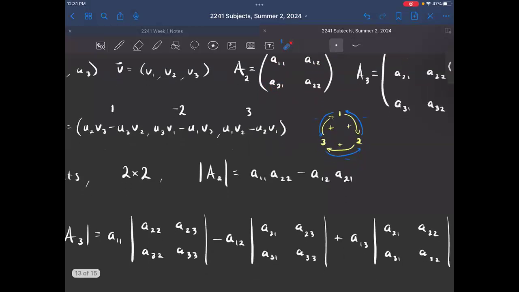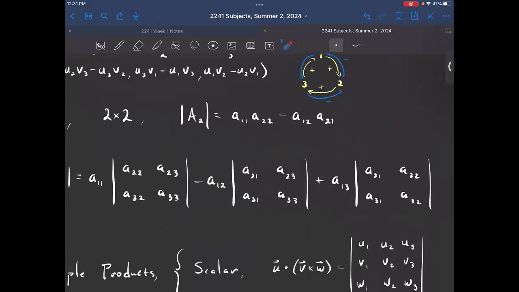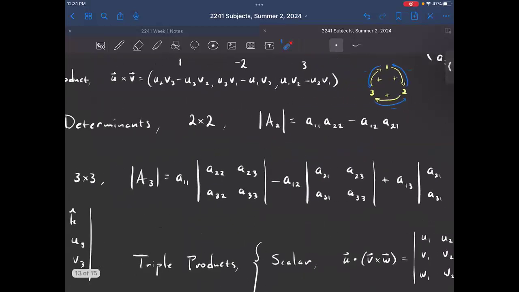Okay. Now, three-dimensional determinants are a little bit harder. There's more stuff to deal with here. But we still do have a forward direction and a backward direction. And the formula is a little bit harder.